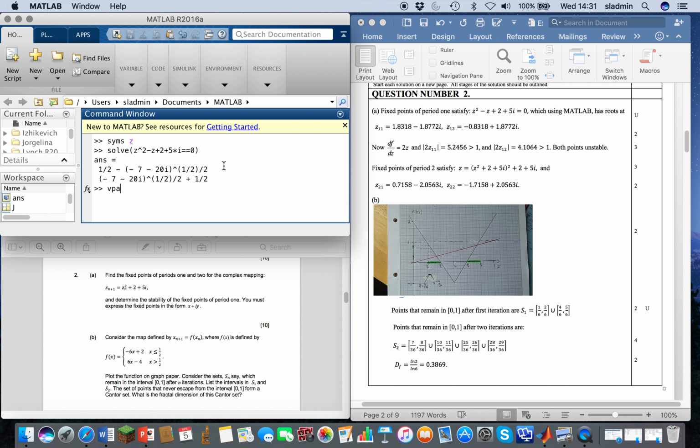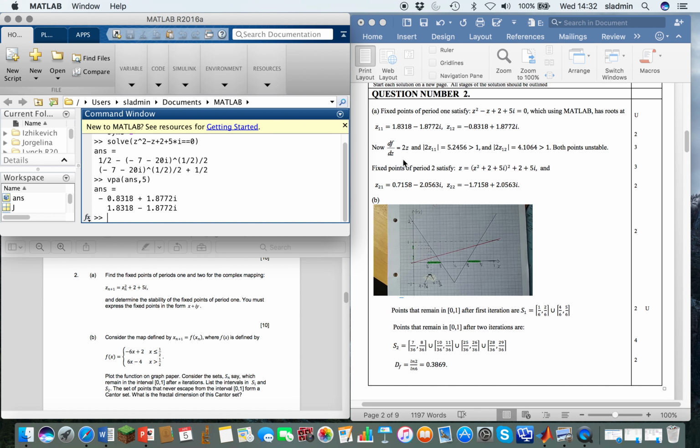If we want the variable precision answer, and we'll give it to 5 significant figures, then we can see here are the two fixed points of period 1, which we label Z11 and Z12. To determine the stability of these fixed points, we look at the derivative, so df by dz.